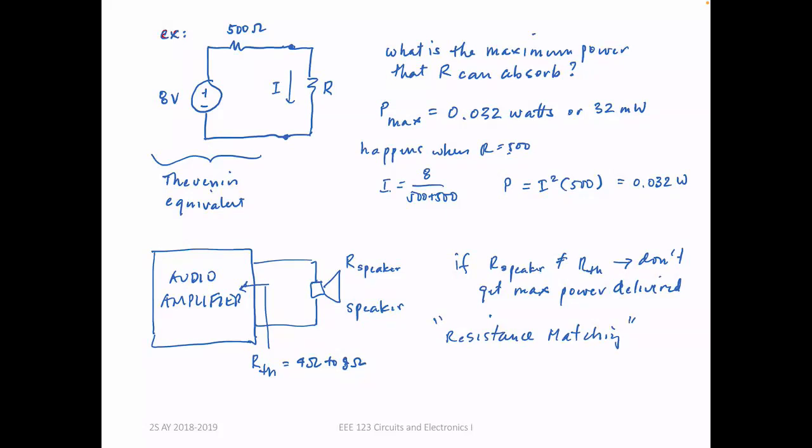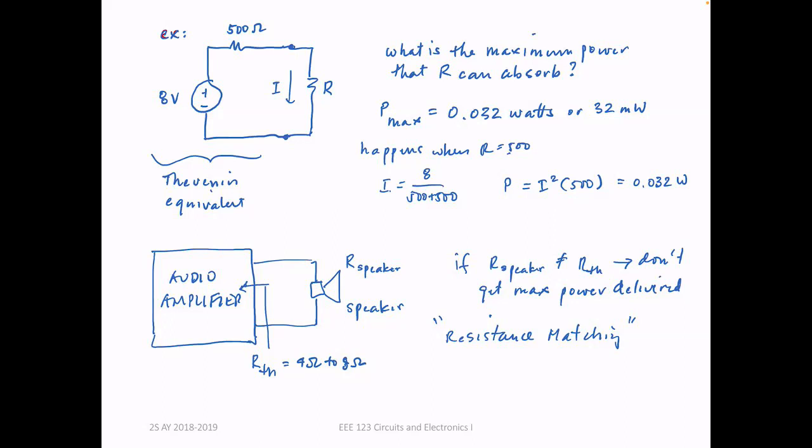Maybe another example. Another example is your TV and your Digibox. If you have Sky Cable, you have a Digibox, the Thevenin resistance of the output of the Digibox should match the input resistance of the TV.